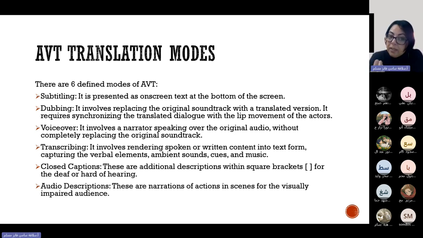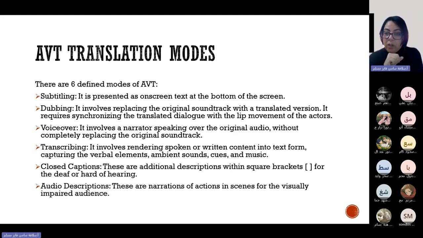There is dubbing. Dubbing means that I am replacing the voices of the original actors with voices from my country's actors. Like the dubbed Turkish series. In the dubbed Turkish series, the original voice of the Turkish actors is not heard; instead come Arab actors' voices, especially Syrian actors.